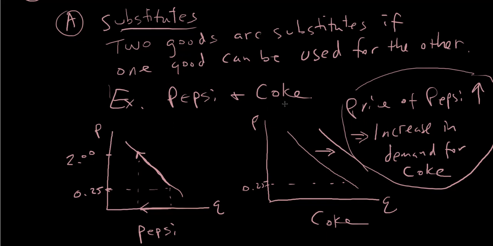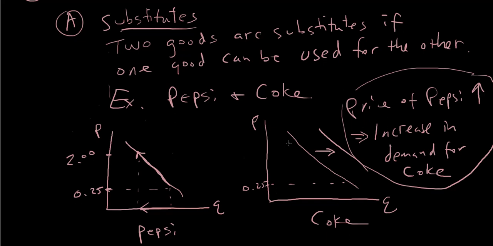So if two goods are substitutes, then when the price of one good goes up, the demand for the other good goes up, right? Okay, so this is one other way we can define substitutes. That is, if the price of one good goes up and the demand for the other good goes up, then we call those two goods substitutes, right?